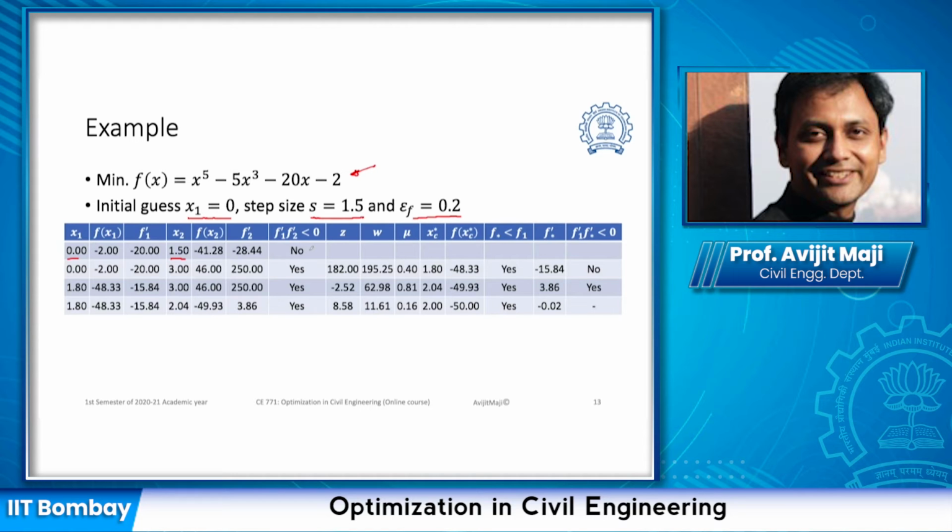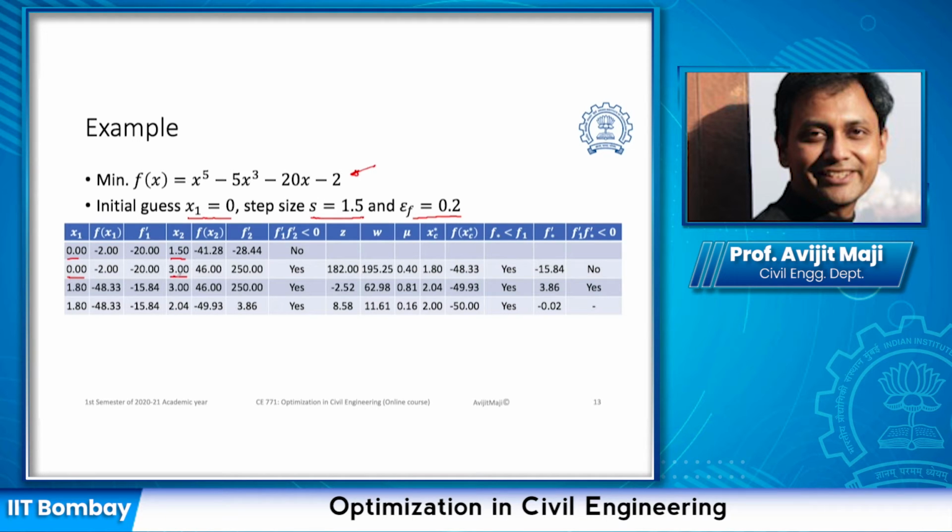We need to move to another point using the bounding phase method. So here the first point is 0.00, and the second point, based on the increasing order of the bounding phase method, is going to be 3.0. This is exactly the boundary condition which we used in our previous problems.